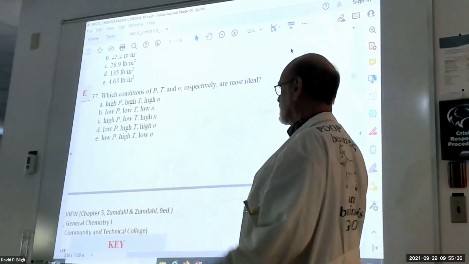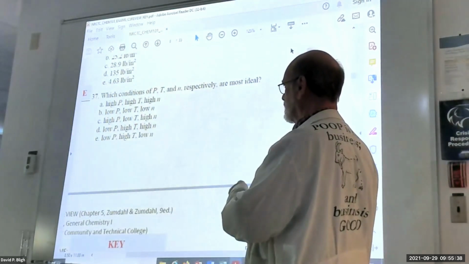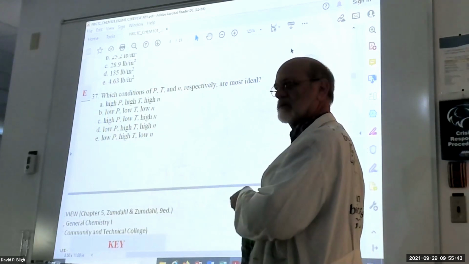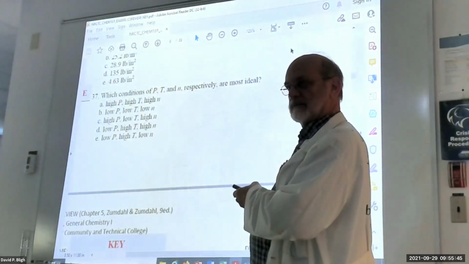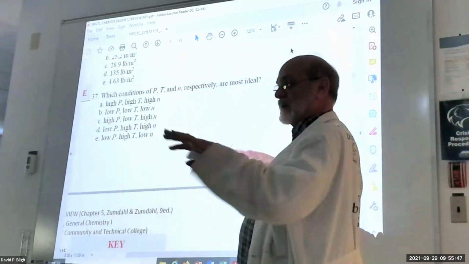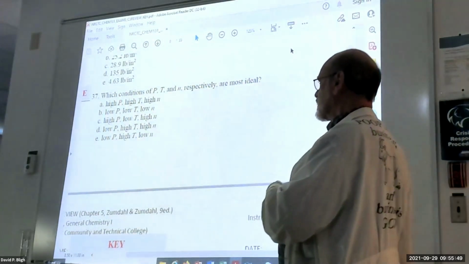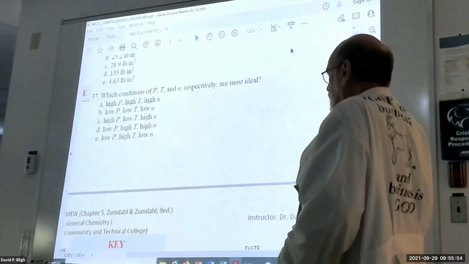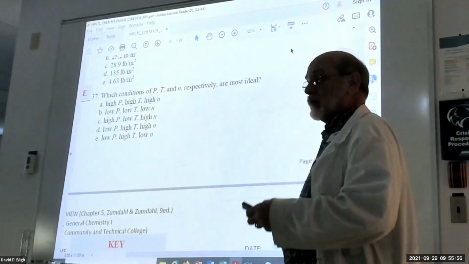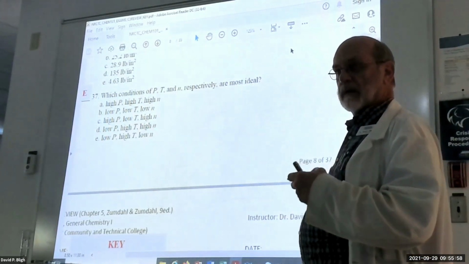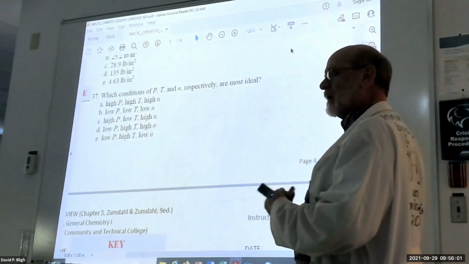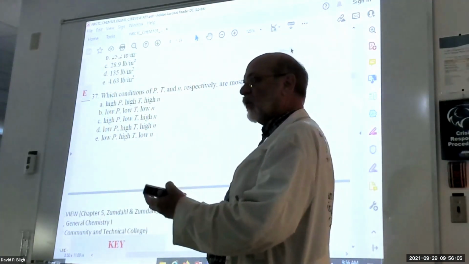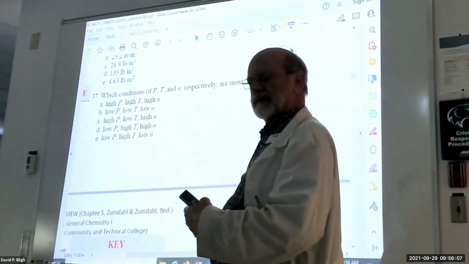Well, guess what? If you've got low pressure, you're going to have low moles. Everything else being equal. There are certain situations where you can have low pressure with high moles. But low moles is what you're looking for. If you have few molecules in there, then you don't have all that interaction that we're trying to avoid for an ideal gas.